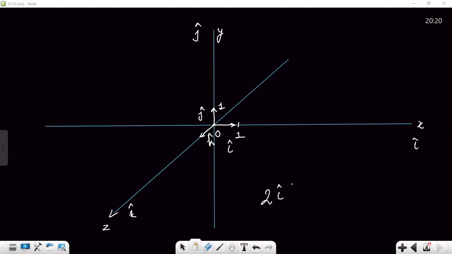So this is 2 i cap. If I have to move 2 units in y direction, so that's my b vector. Let me call this a vector.